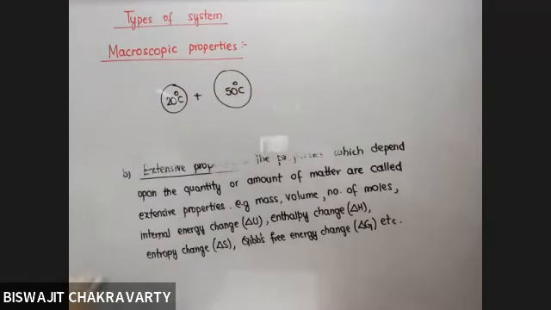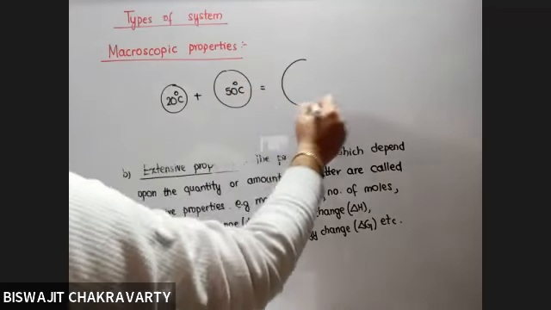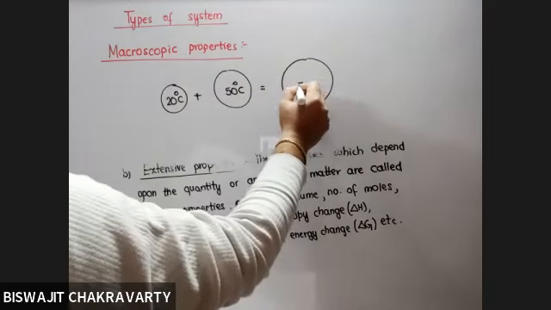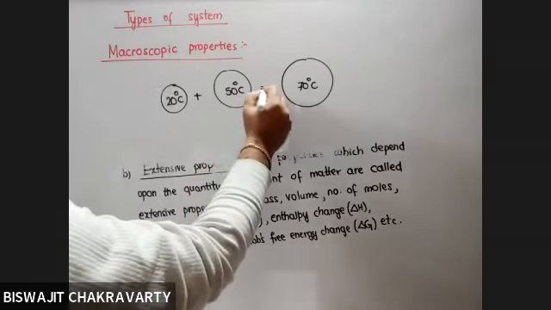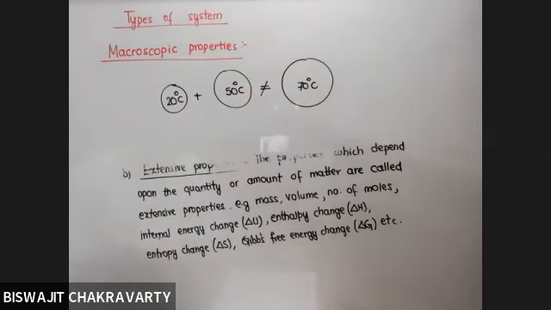After mixing, will the resulting body have 70 degrees Celsius? What do you think? No, sir. Obviously not, because the temperature of the mixed body will be somewhere in between 20 and 50. So it is non-additive in nature, and because it is non-additive, temperature is an intensive property. Is it clear? Yes, sir.